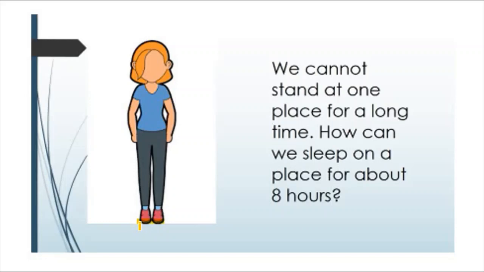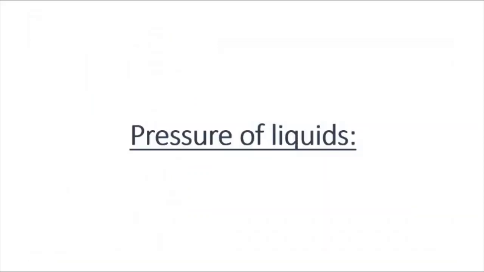On the other hand, when we sleep on a place, then our whole body is in contact with the place. In this case, our weight falls on a much larger area of the place, producing much smaller pressure. Therefore, we cannot stand at one place for a long time. We can sleep on a place for about 8 hours.